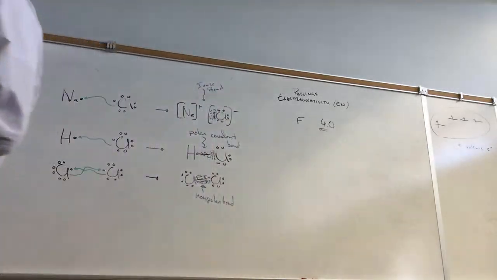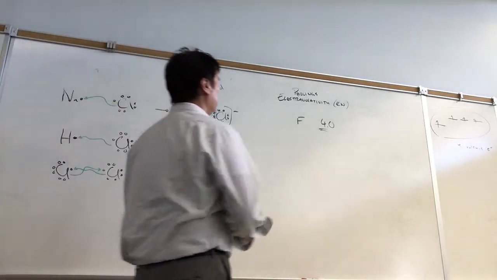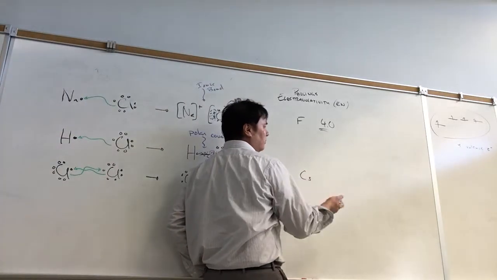What's at the bottom? Which species do you think has the lowest electronegativity? Lithium? It's not lithium, actually. Cesium. Francium's radioactive, so I'll just ignore it. Cesium's bigger, you know, bigger atoms.